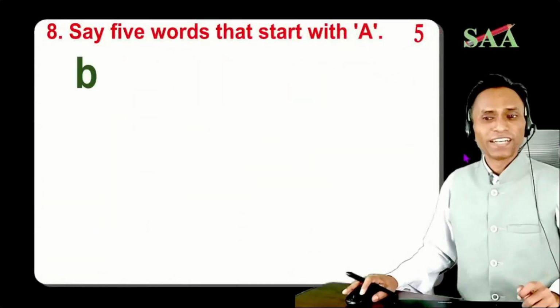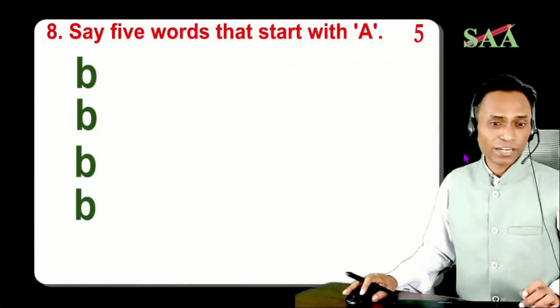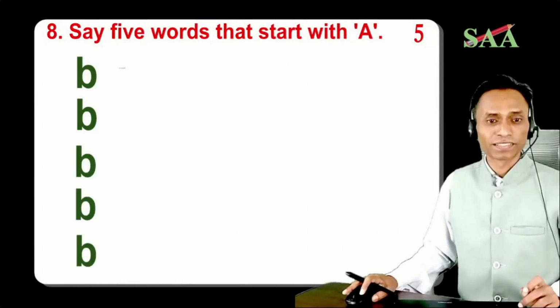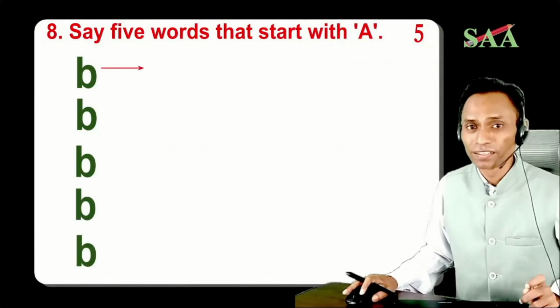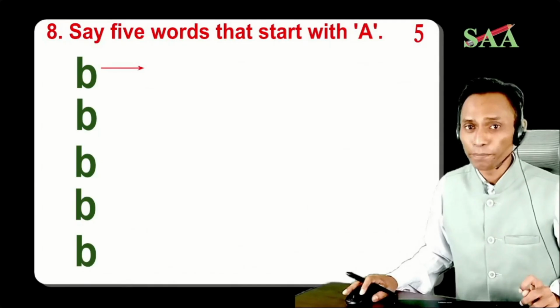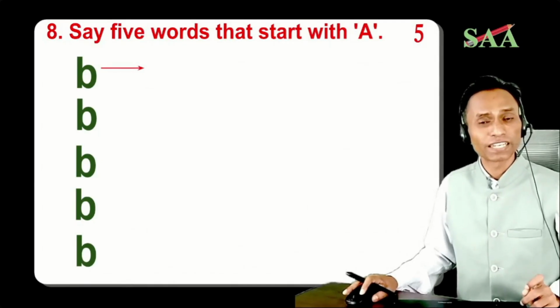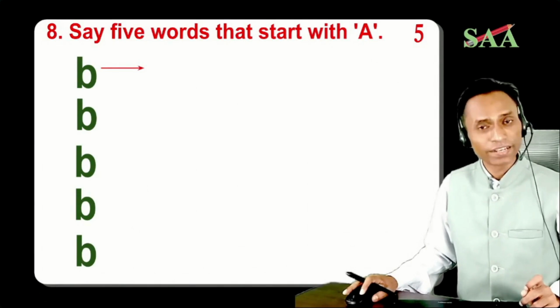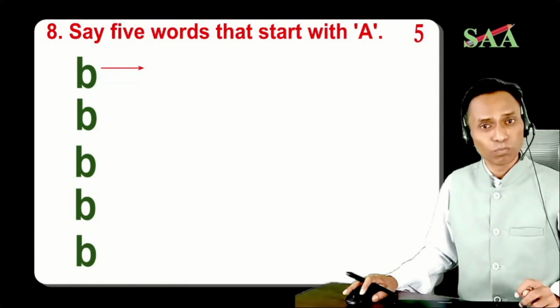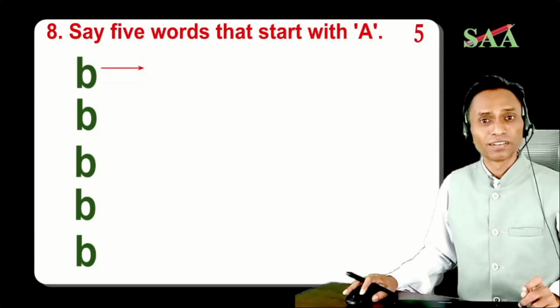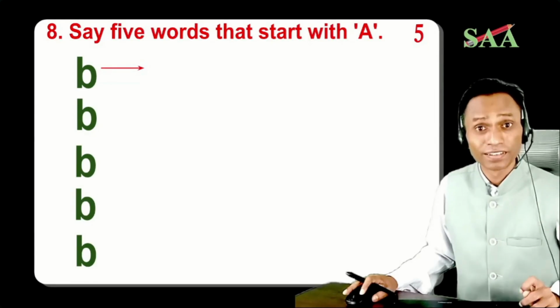Well tried. Now you have to tell me 5 words that start with B. Tell me one by one. Any words that start with B? Bat. Okay. Then what next? Boat.